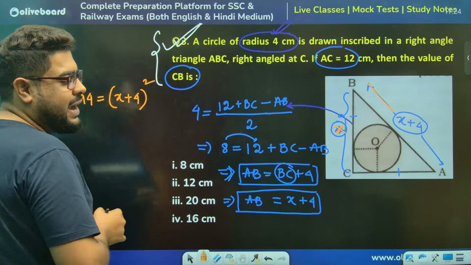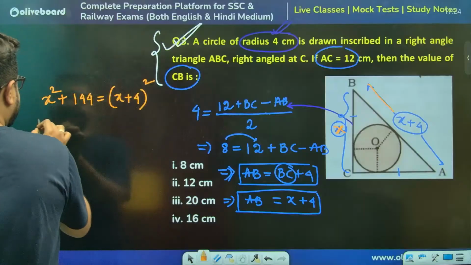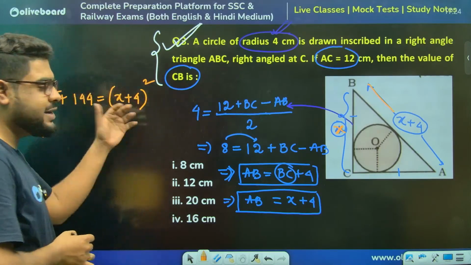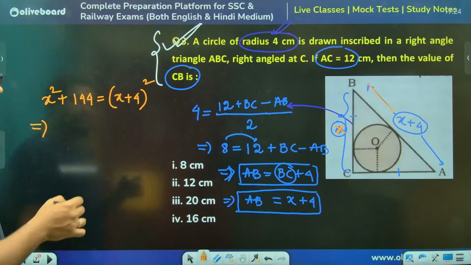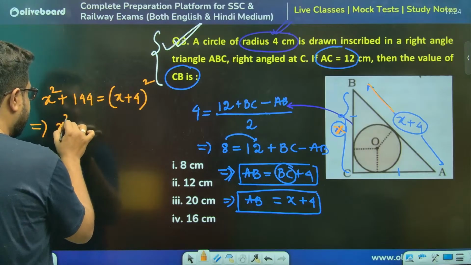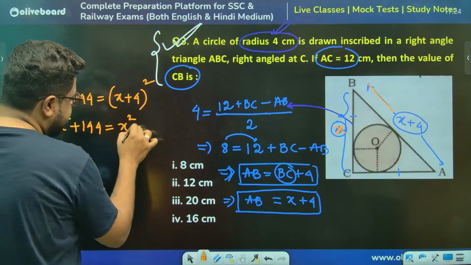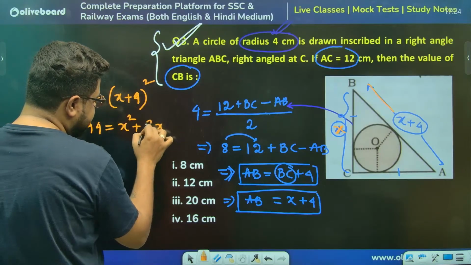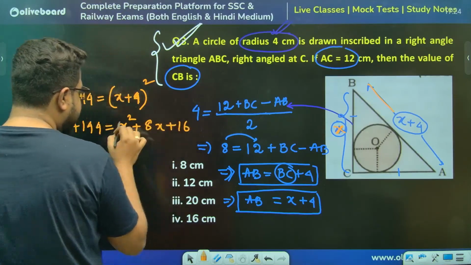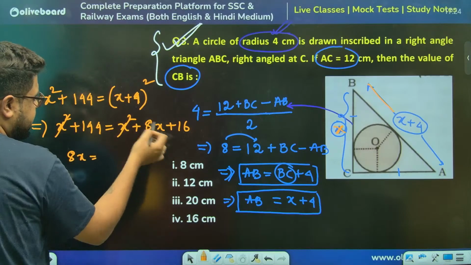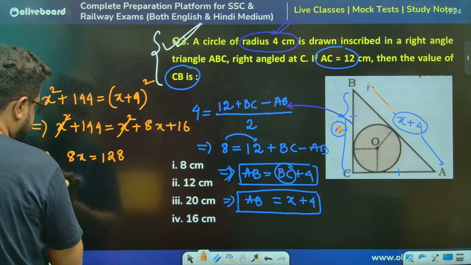Pythagoras theorem. It looks like a quadratic, but it is called pseudo quadratic. It will not be a quadratic, X square will cancel actually. You calculate, sir. It will be x square plus 4 twos are 8x plus 16. X square cancels. 8x becomes 16, 128.